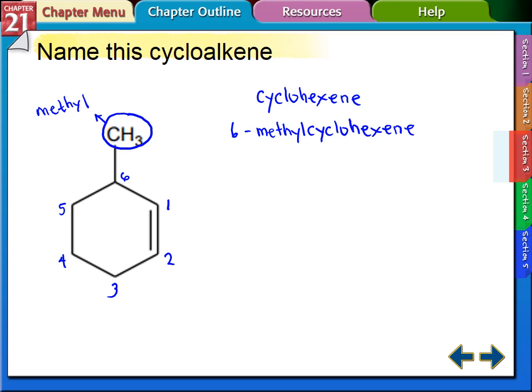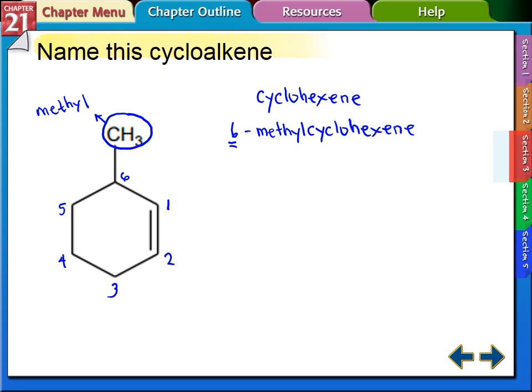But recall on the previous slide that we should assign the numbers to our carbons in such a manner that carbon 1 is closest to the substituent. If we assign it like this, the substituent is assigned to carbon 6.